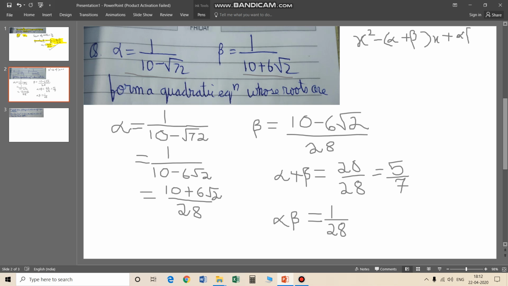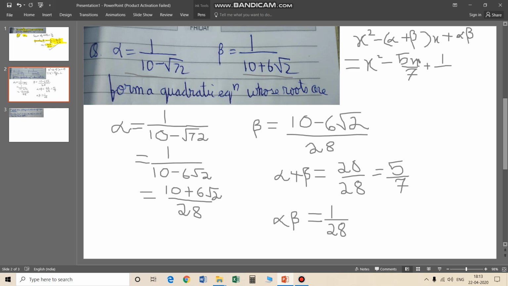Now putting values here, we get x square minus 5x by 7 plus alpha beta, which is 1 by 28, is equal to 0.